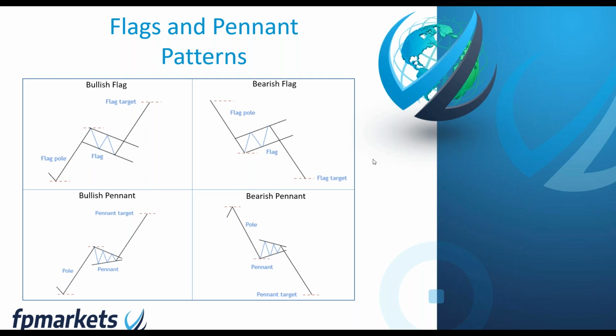As also for traders who use volume studies, those who trade in futures and stocks, for example, may want to note that volume tends to decline as the pattern forms, though a spike in volume can sometimes be seen at the breakout of the pattern. And the breakout of the pattern is at these points here, and here, and here, and here.